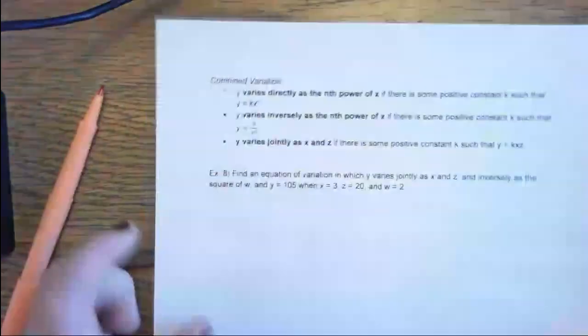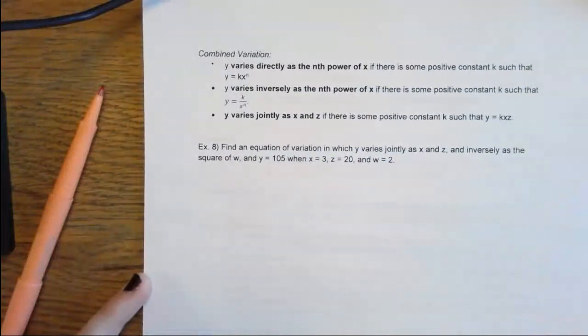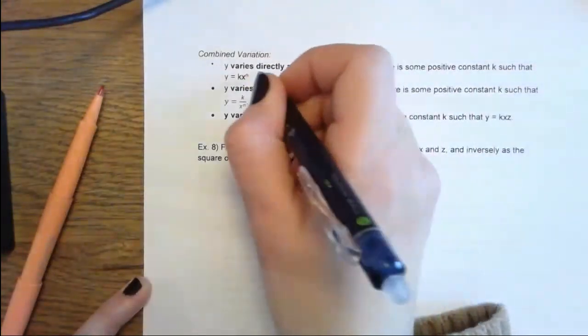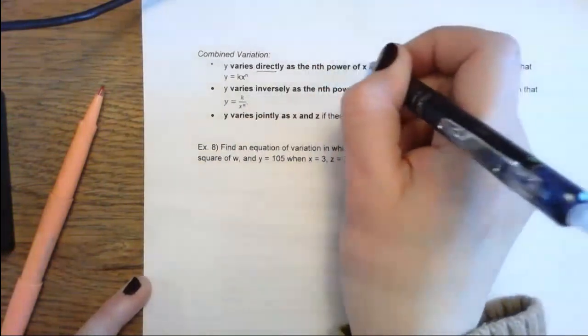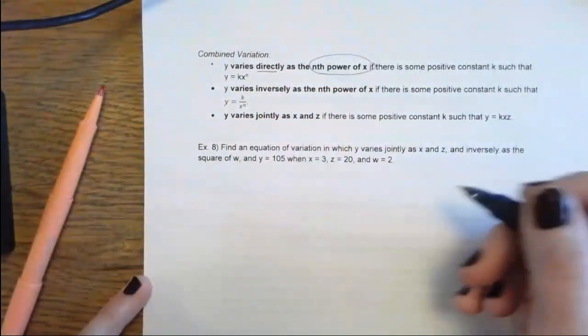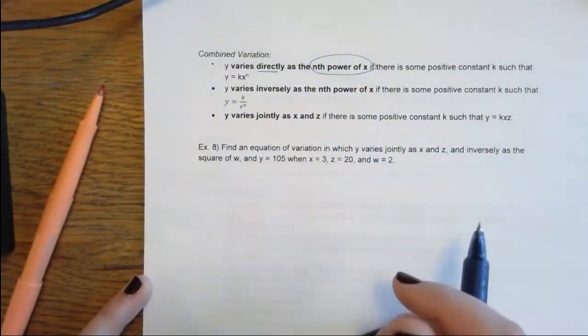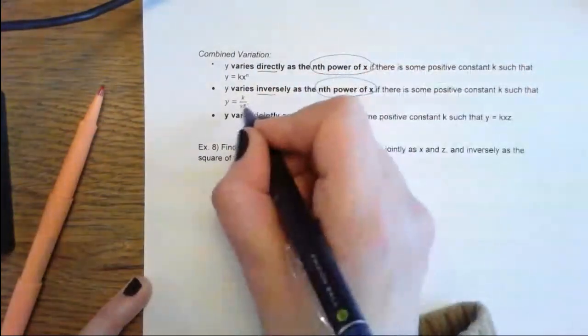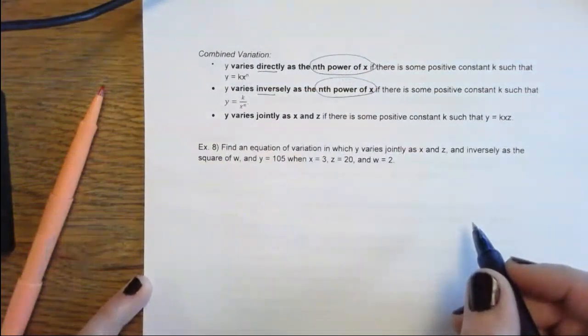Now, in our last example here, it does get more complicated, of course, it always does. So we can keep playing with this idea of variation. So we can say things like y varies directly as the nth power of x. So we can bring in squares and cubes and etc. here. And you can do the same thing with inversely, right? That power could be in the denominator instead.